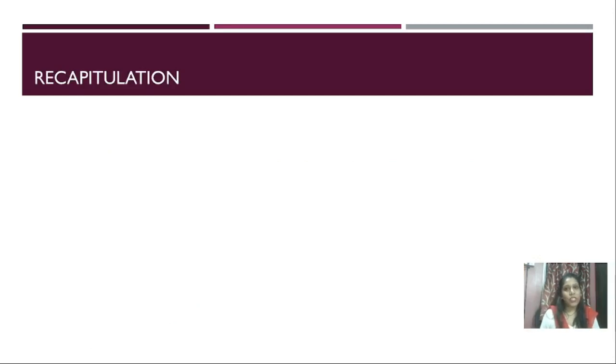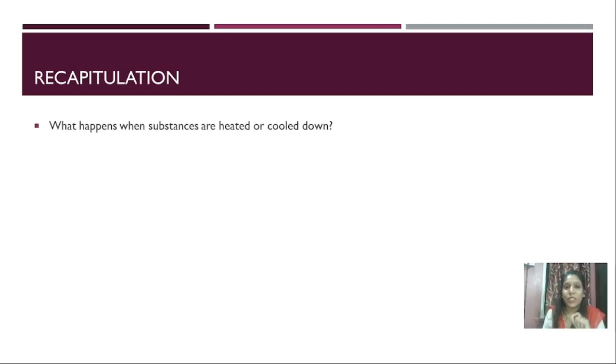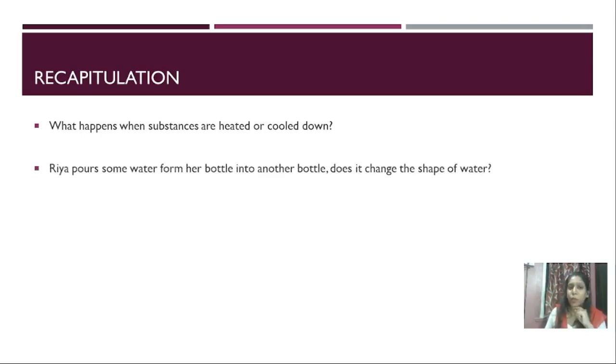Now let us do a little recap. What happens when substances are heated or cooled down? The substance, when heated or cooled down, changes from one state to another state. Now Ria pours some water from her bottle into another bottle.